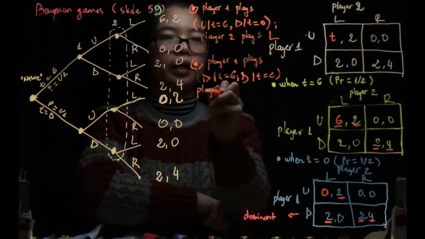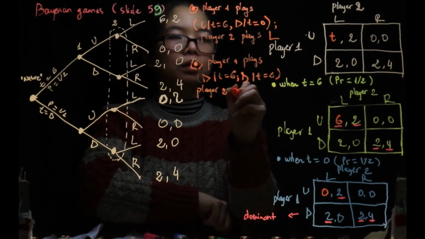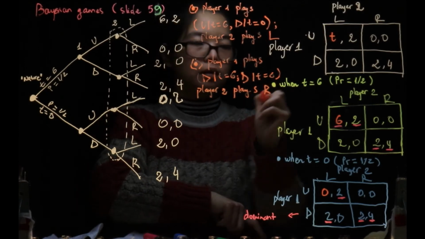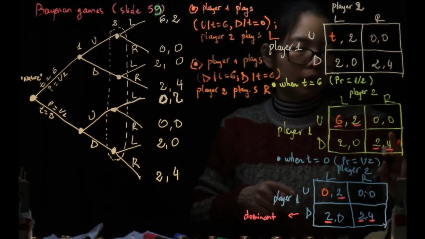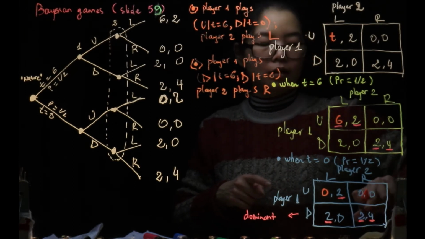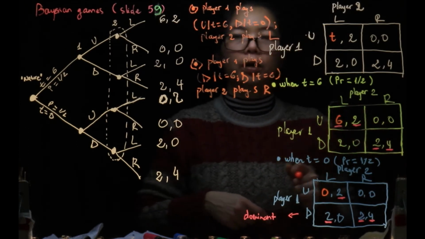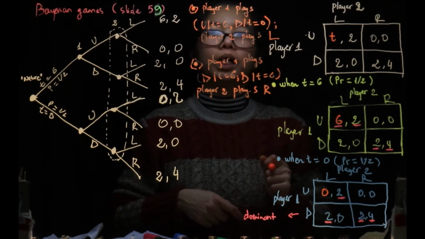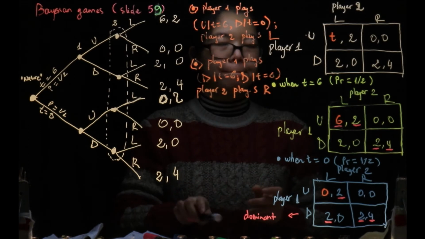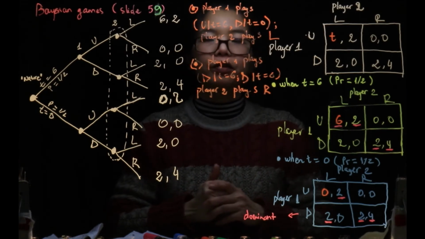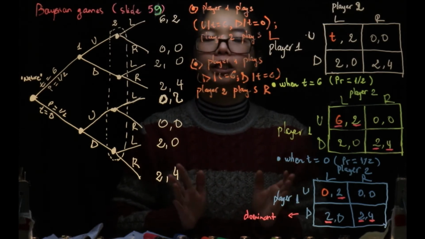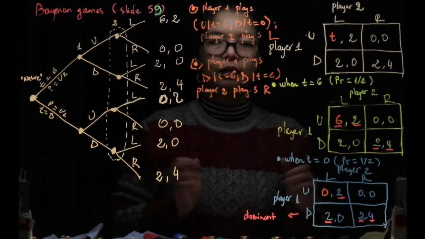And player 2 plays right, because when we underline both, it is right, and here also right. So these two combinations are the possible Bayesian-Nash equilibria of the game. Next step, we will verify which one is actually the Bayesian-Nash equilibrium, or both.